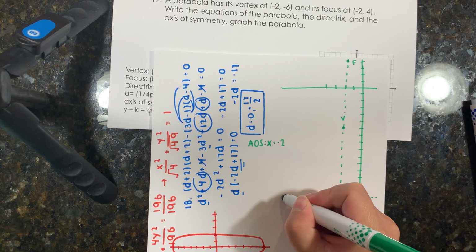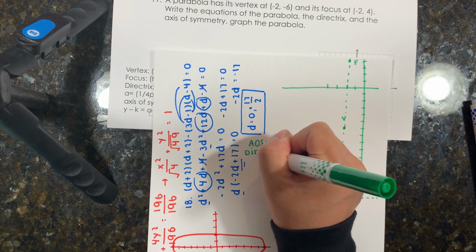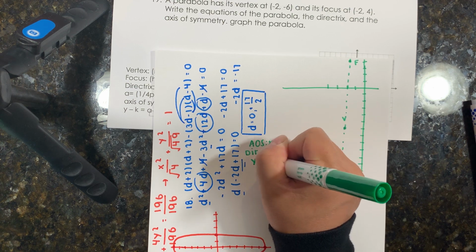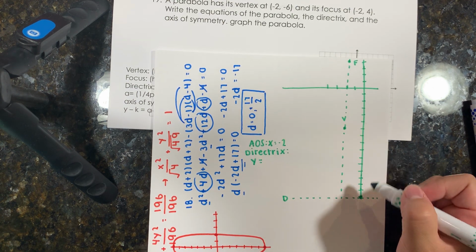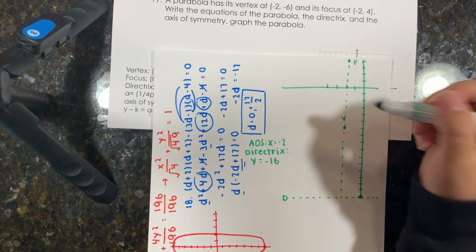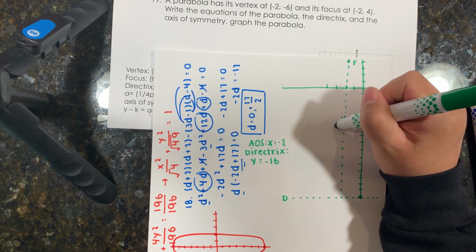That's going to be your directrix. And the equation of your directrix is going to be y is equal to negative 16. Now your parabola should look like this because it's going to open up towards your focus.